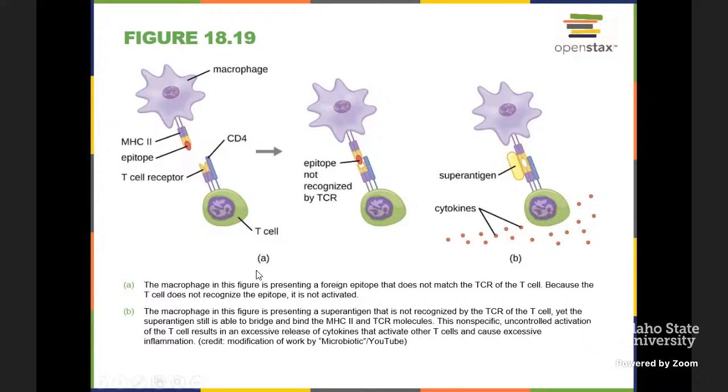So the idea with this, our receptor, our epitope, so it's trying to recognize, but the piece of the puzzle isn't fitting. All right. It's not recognized. So shape wise, right? It doesn't fit. All right. So in this instance, we don't activate this T cell because we're not recognizing it like we should. All right. It doesn't get stimulated.